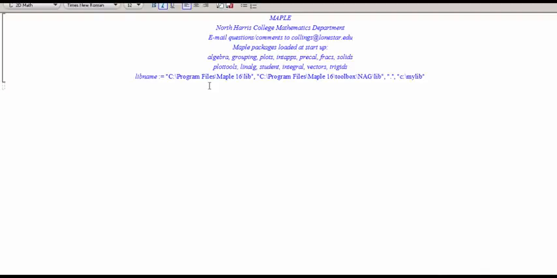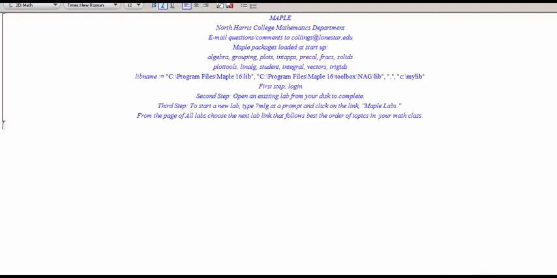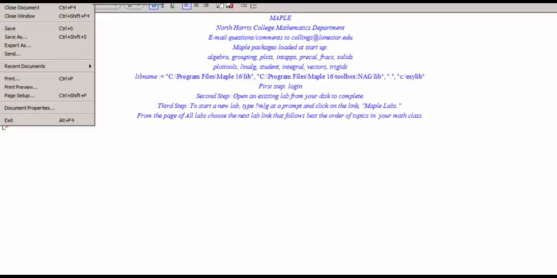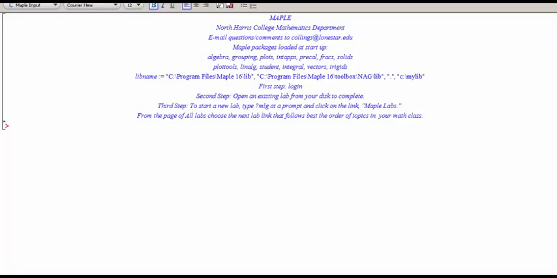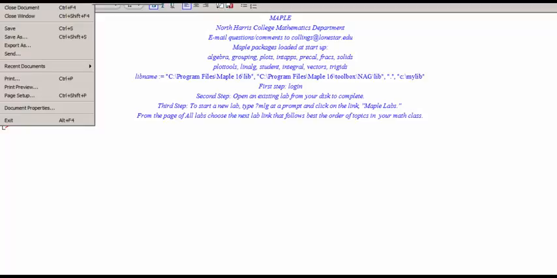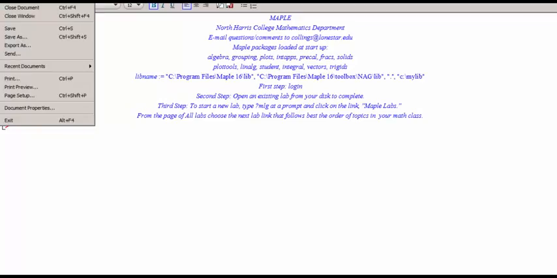It's going to be useful to solve that equation to get y equal to something. Okay, so here's Maple.